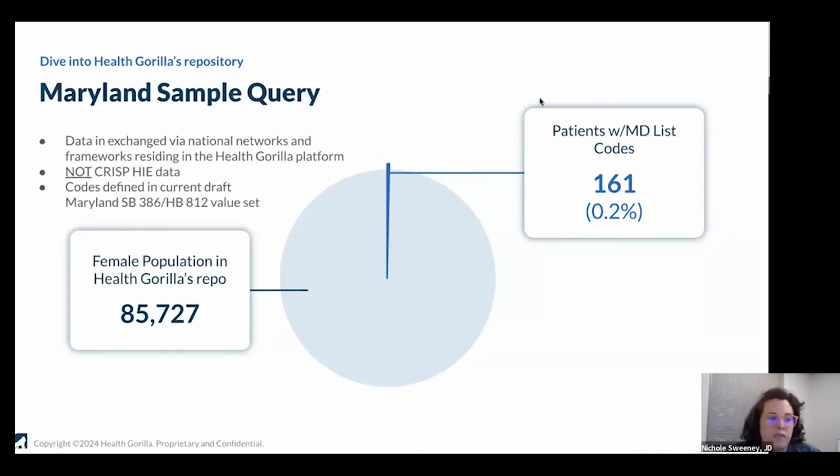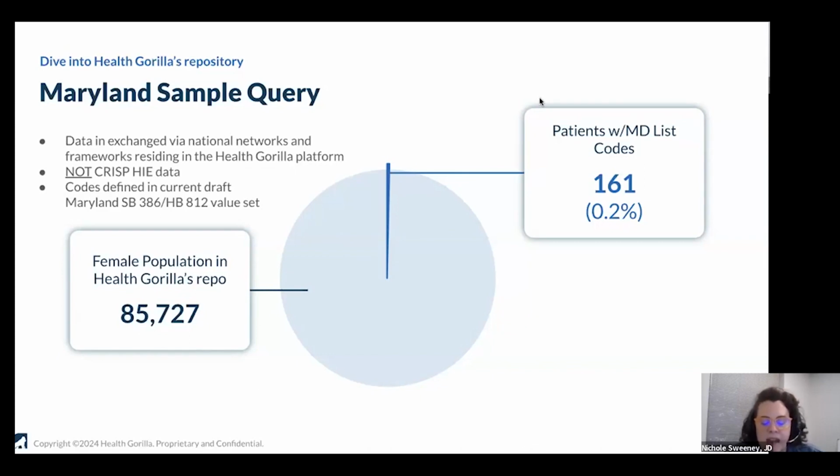The final form should be coming out at the end of this month or early next month, and ran it against the data that they received through their information exchange, and said, okay, if we apply the code set here, how many patients does this actually hit in the state of Maryland based on the data that they have? And it's about 0.2%.